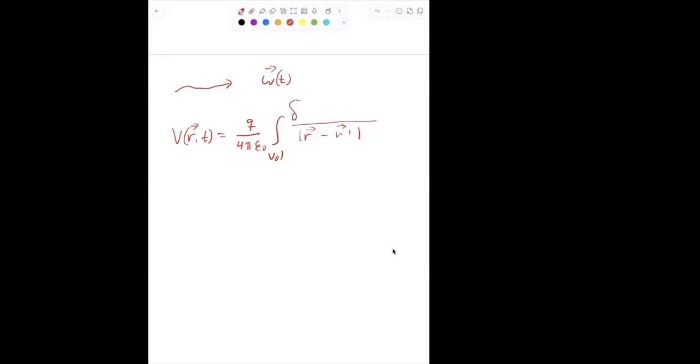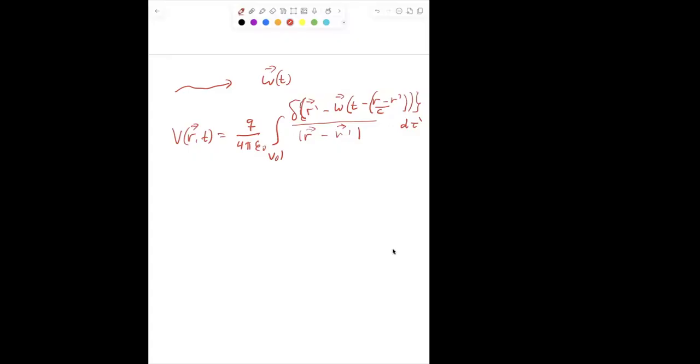We need to write a delta function, r' minus w(t − |r − r'|/c), and I need to multiply by dt'.